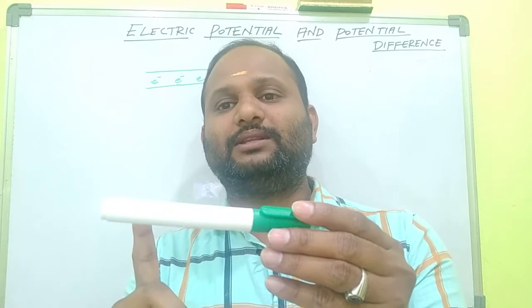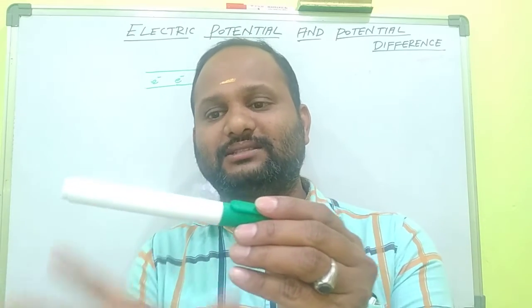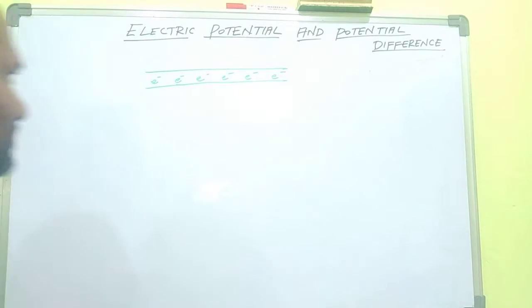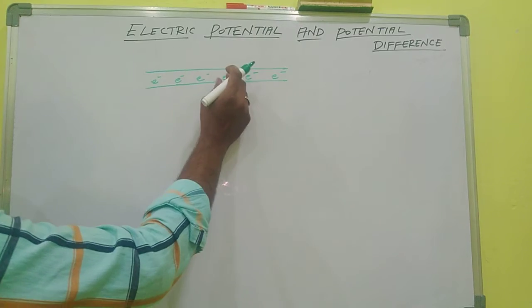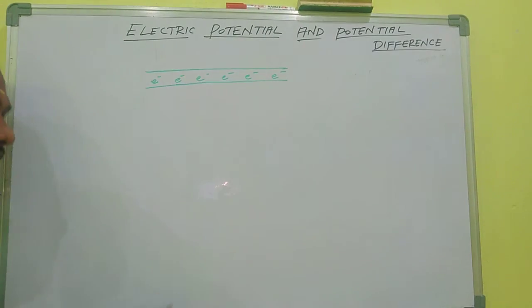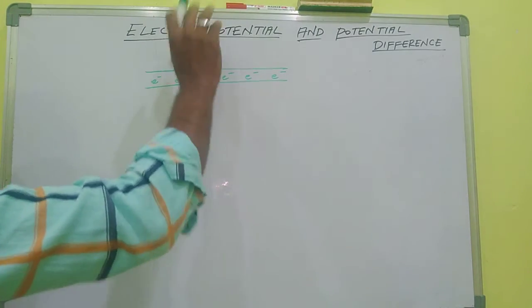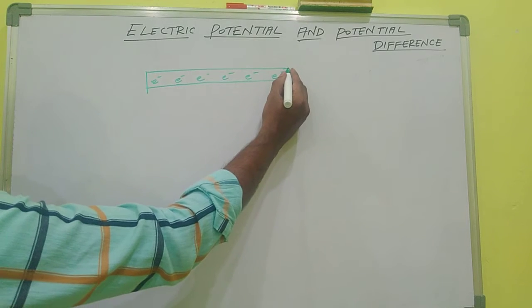We must do only one thing: this metallic wire is connected to a battery or a cell. Look at this figure. The electrons present in the conductor are moving randomly. This is a metallic wire.